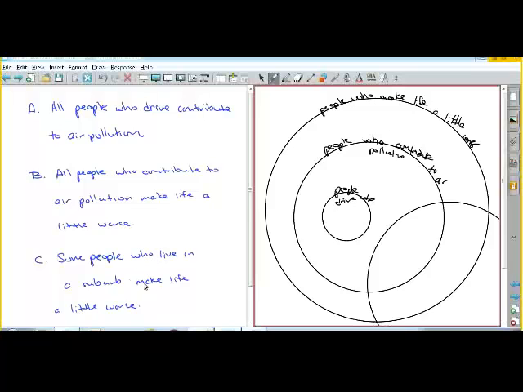Then you have some people who live in the suburbs make life a little worse. So the "some" wouldn't allow you to put a circle within a larger circle. Some means that it's going to be over here somewhere. People who live in the suburb.